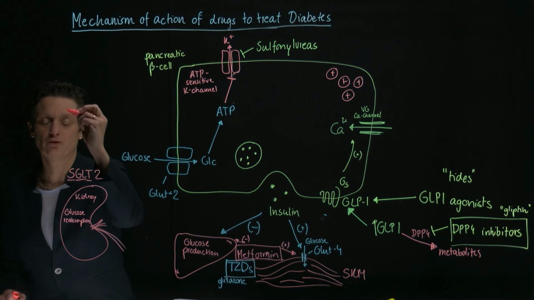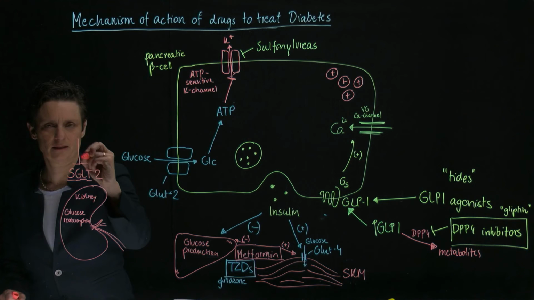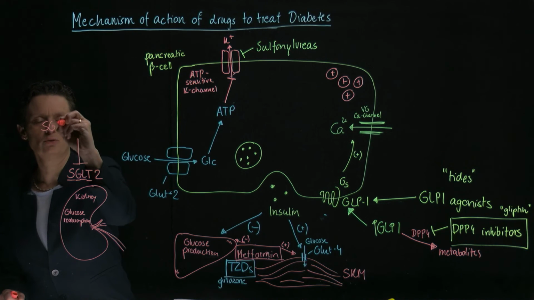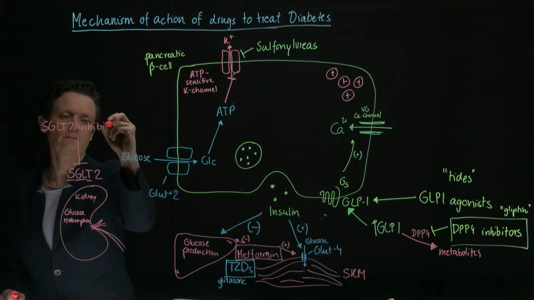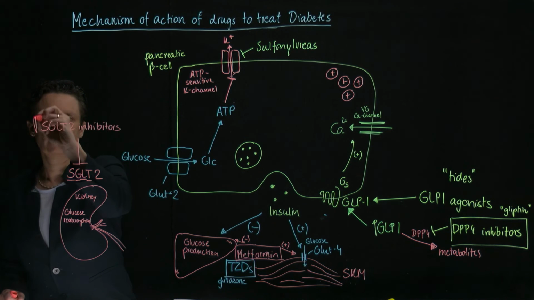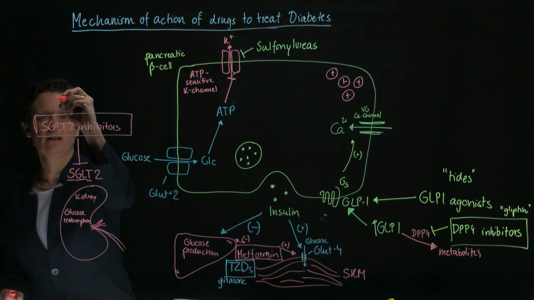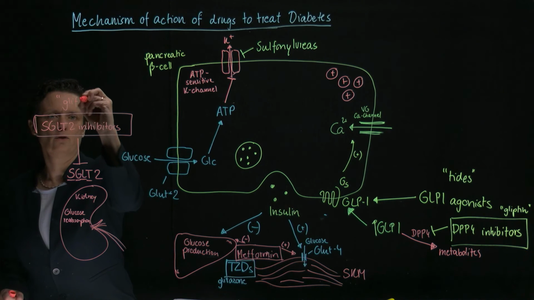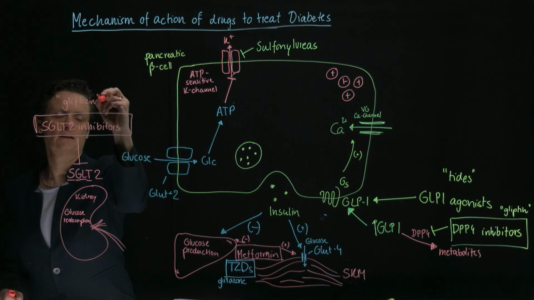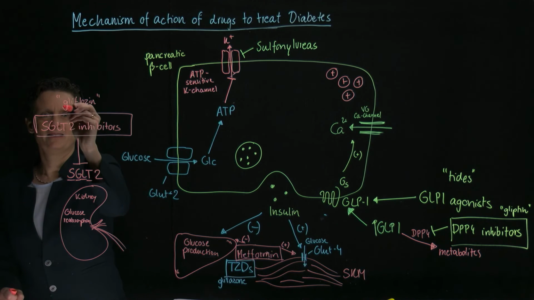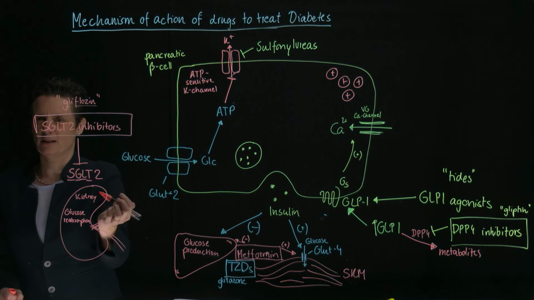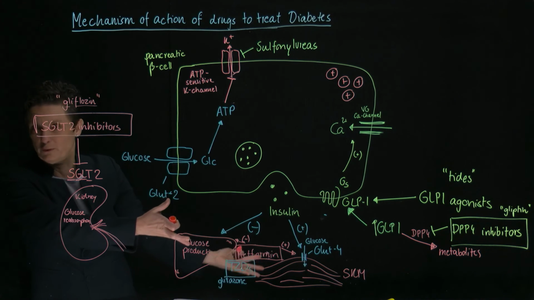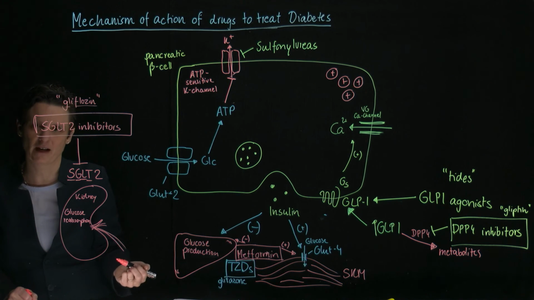So we have drugs that inhibit this. These are our SGLT2 inhibitors. They end in gliflozin, which basically means keep the glucose flowing, because you inhibit the reuptake, so you keep the glucose flowing out, and that's their mechanism of action.